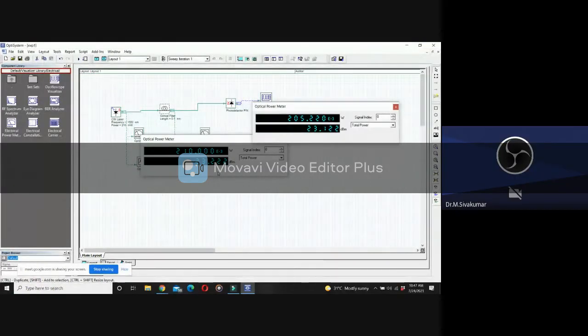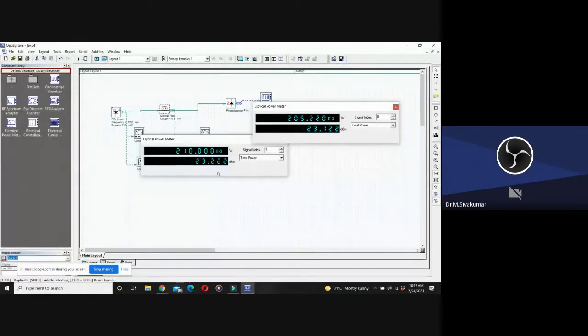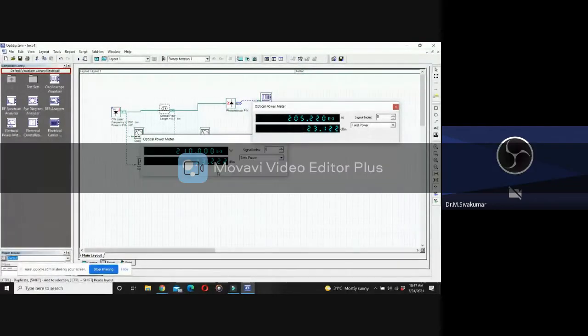Here, the specialty of this optical power meter is it shows in terms of watts, and also in terms of dBm. You note down the dBm also. In the table we have given, you need to calculate by using watts. Just note down in terms of watts and in terms of dB power.